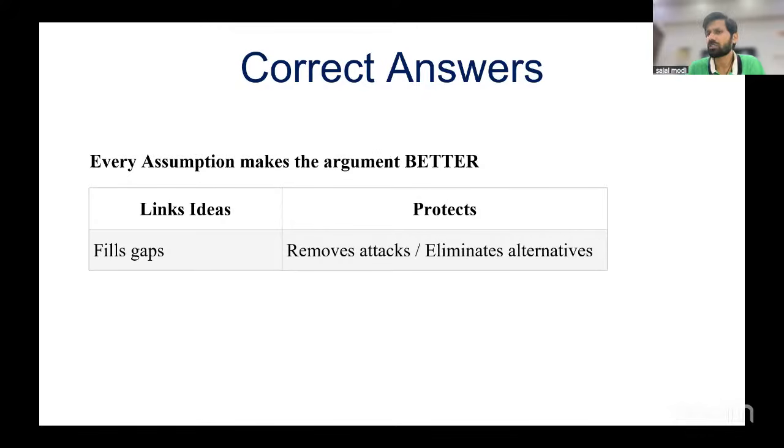Because what I'm doing is picking up the correct option and plugging it into the argument, making it part of the argument, right? Because we said assumptions are necessary premises. So if I'm adding a premise, the argument becomes better. Now, whether it is a linking assumption or a protecting assumption, they both are essential, right?